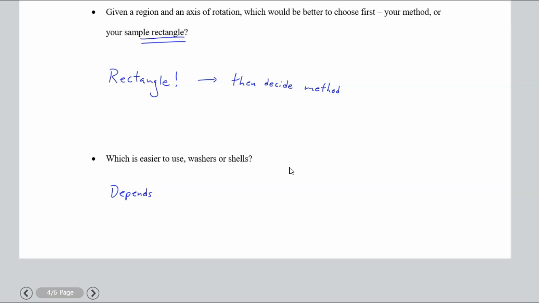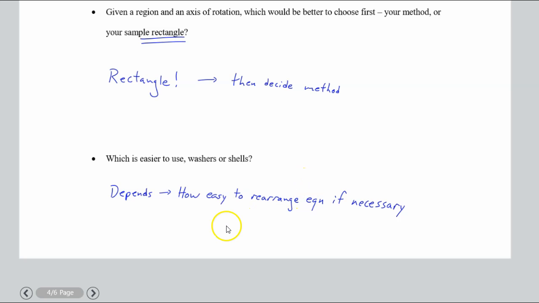If it's not too hard to rearrange, it might not be a big deal to just switch it. But some equations are going to be a lot more difficult than others. So it depends. We'll say how easy it is to rearrange the equation if necessary. And again, you're always shooting for, hopefully I don't have to rearrange it if I've picked my rectangle correctly, but if you're always picking, I just want to use a washer, then there might be some rearrangement involved.